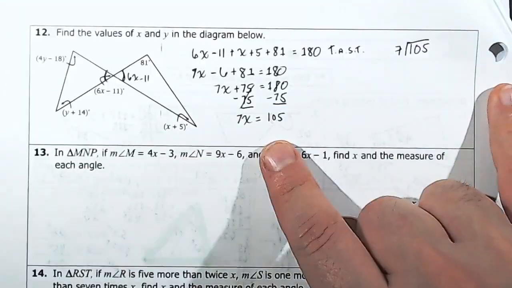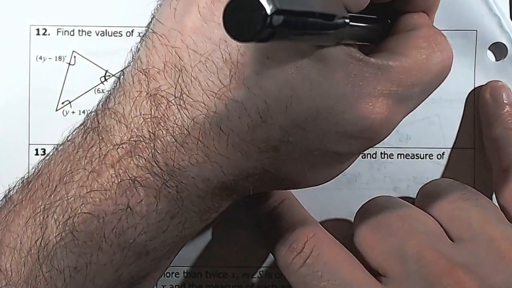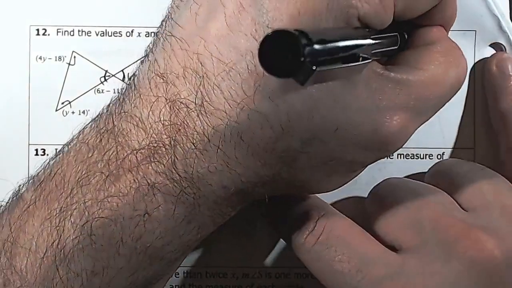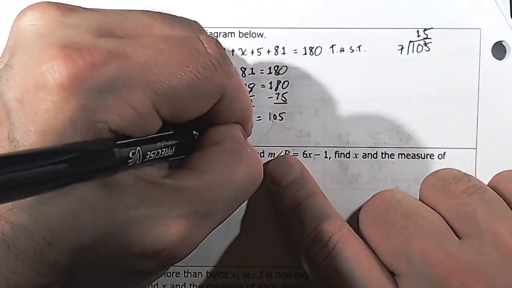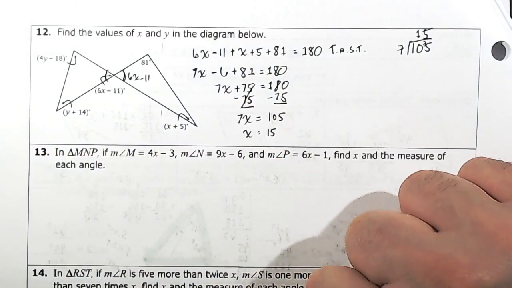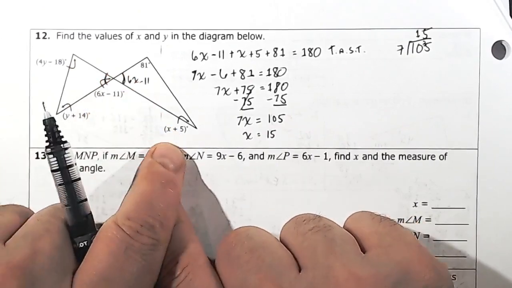Otherwise, we got ourselves a problem. Okay, it's going to, because 7 goes into 10 once with 3 as a remainder, and 7 goes into 35 5 times. So it goes in 15 times. X is 15. Well, now that we know x is 15, we can actually solve for this angle here and this angle here.